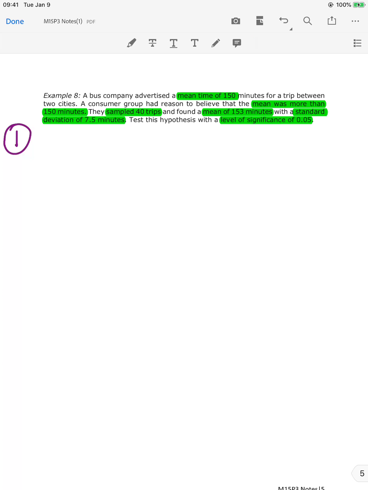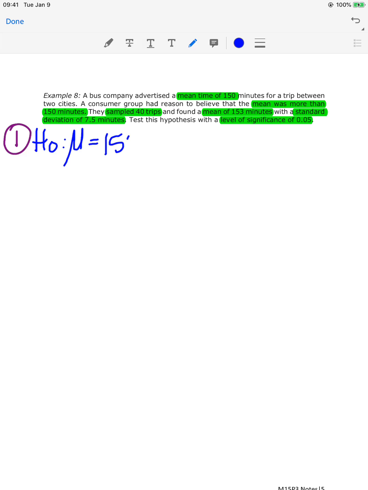Step 1, write your null and alternative hypotheses. So our null starts with an H0. We've got that mu is equal to the claim of 150 minutes. Our alternative is that mu is more than 150 minutes.